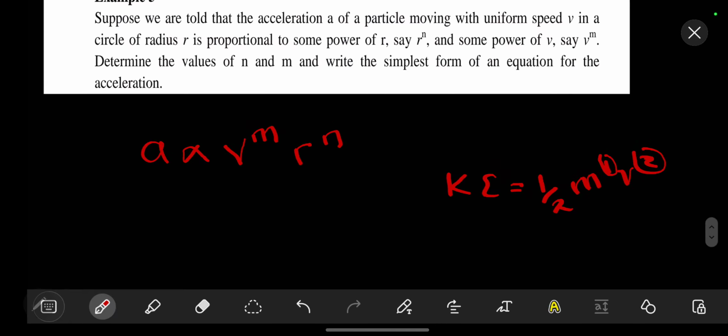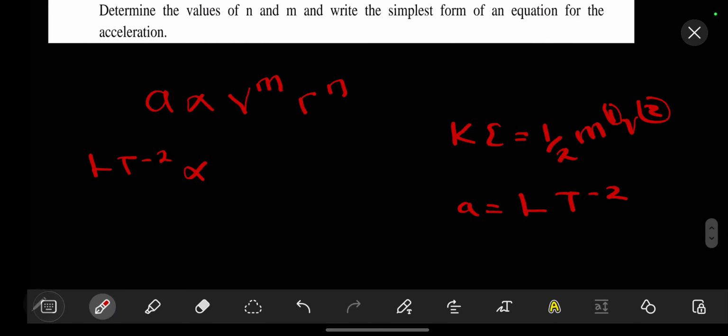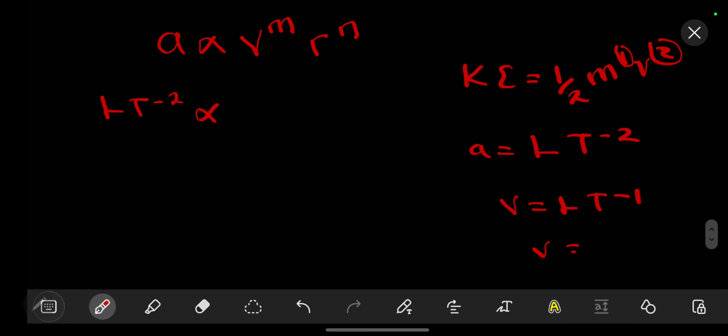So how are we going to do this? We know that our acceleration is L t raised to the power negative 2. So we can say L t to the power negative 2 should be proportional to, what is our v? The unit of velocity should be L t raised to the power negative 1, or rather v should be equal to L over t, whichever is easier.